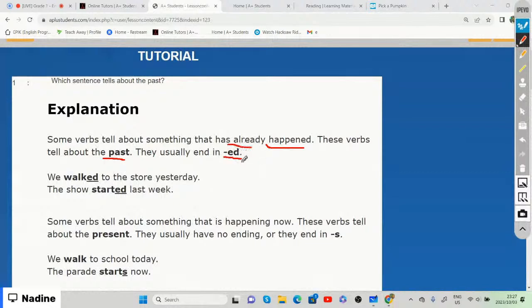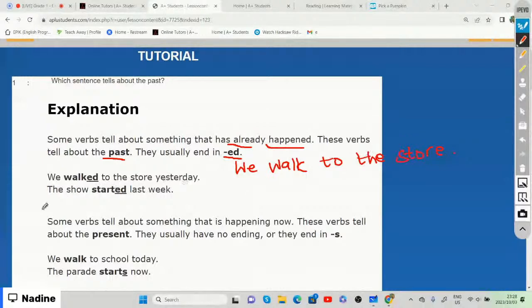So if we were to mention this same sentence in the present, then we can say we walk to the store, something that you're doing now.